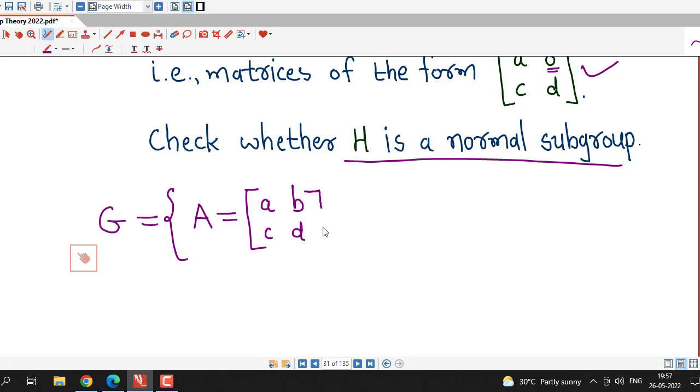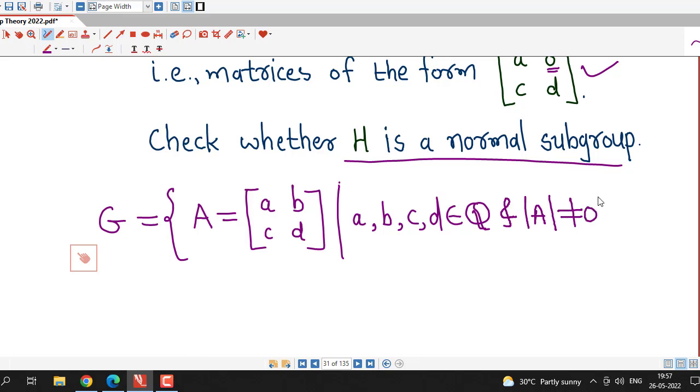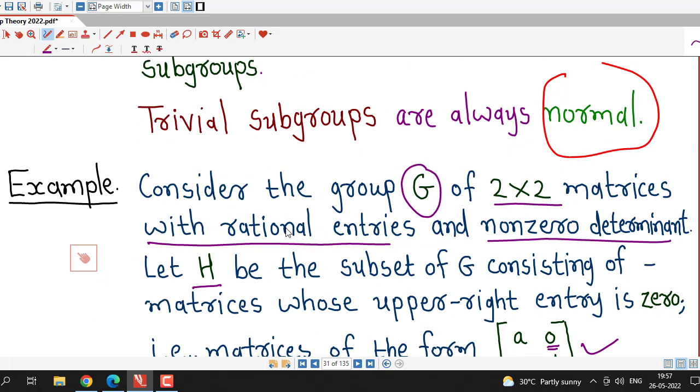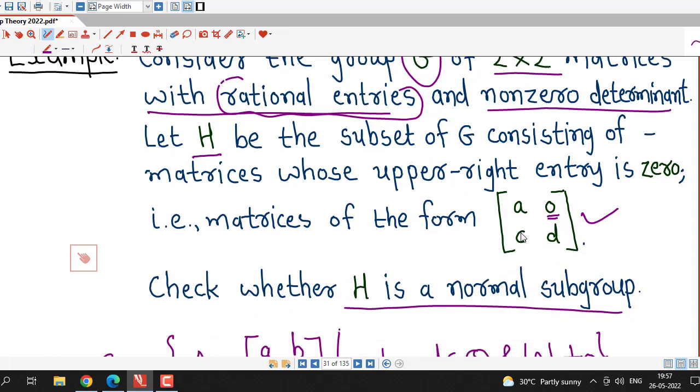Here we write A, B, C, D, and the condition is that A, B, C, D are rational numbers, that means they are in the set of rational numbers Q. And another condition is that the determinant of A is non-zero. G is the group of 2 by 2 matrices with rational entries and non-zero determinant. And H is the subset of G with this type of elements, where this entry is 0.